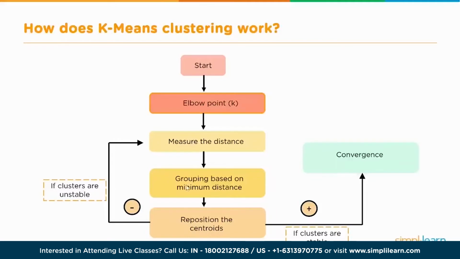And if required, the data points are reallocated to the new centroids and the mean position or the new centroid is calculated once again. If the centroid moves, then the iteration continues, which means the convergence has not happened. The clustering has not converged. So as long as there is a movement of the centroid, this iteration keeps happening.